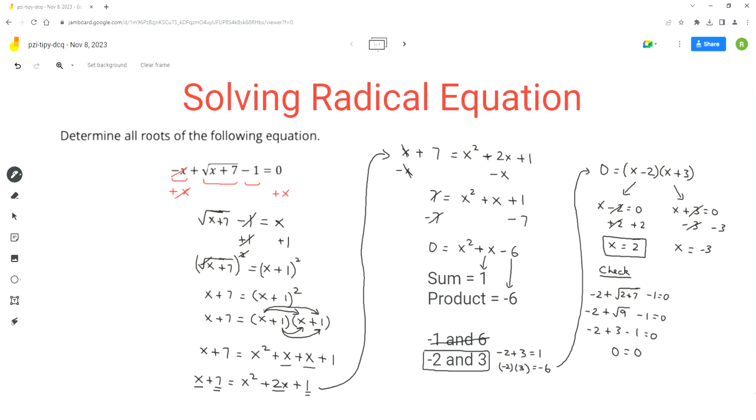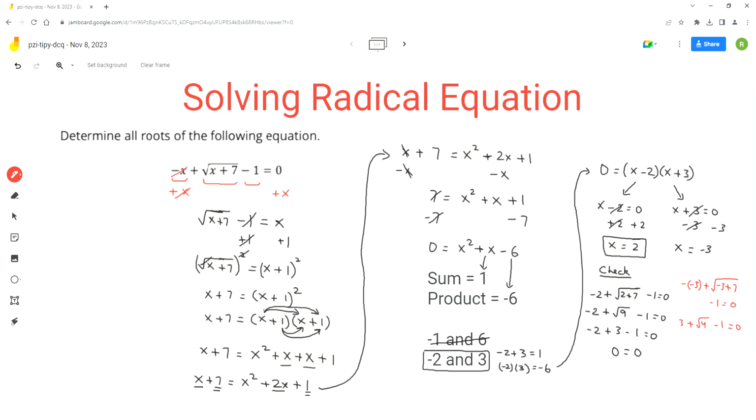So x equals 2 is a valid root. Now we can do the check for x equals negative 3. I'll do it in a different color. So we sub in x as negative 3. So I get minus negative 3 plus square root of negative 3 plus 7 and then minus 1 equals 0. So I got 3 plus square root of 4 minus 1 equals 0.